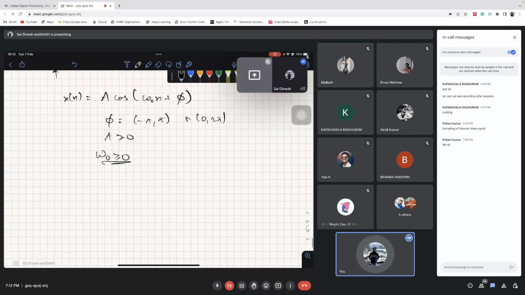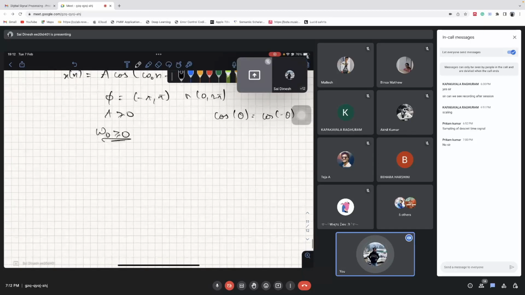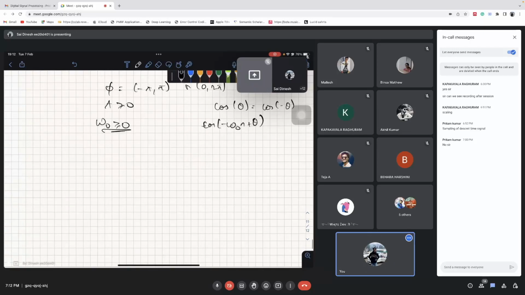Because let's say cos theta is equal to cos of minus theta. So if we have cos of minus omega naught n plus theta, for example, omega naught is negative, but this is also equal to cos of omega naught n minus theta because of this property.